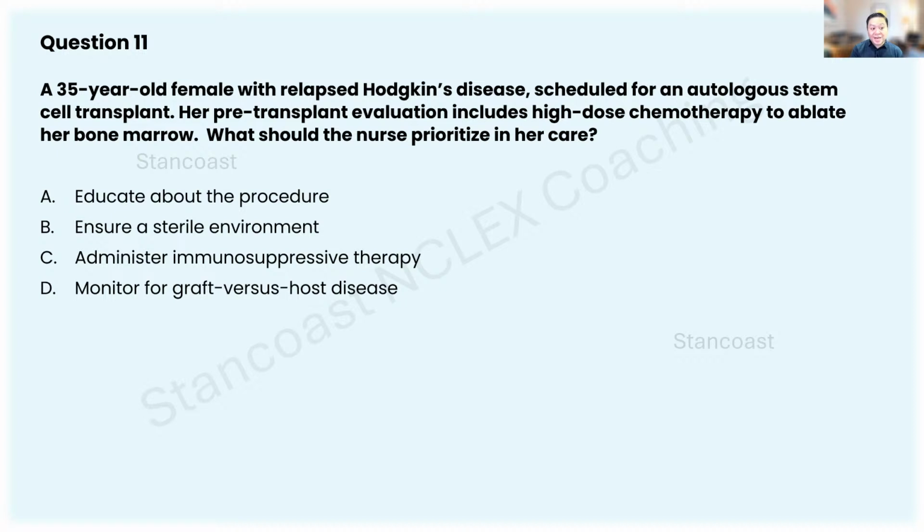Her pre-transplant evaluation includes high-dose chemo to ablate her bone marrow. What should the nurse prioritize in her care? Is it A, educate about the procedure, B, ensure a sterile environment, C, administer immunosuppressive therapy, D, monitor for graft versus host disease?